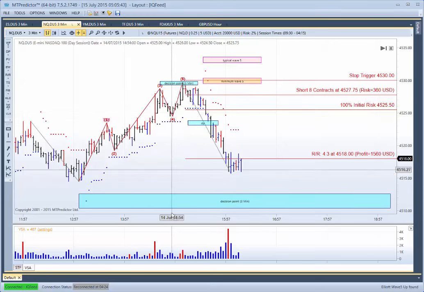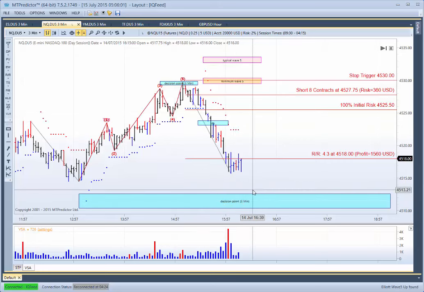In this particular example, a VSA setup combined with our knowledge of our Elliott wave patterns to catch the very end of a wave 5, but because it was a VSA, we're anticipating the market was going to go beyond our initial wave 5 target, which was here, to be into the lower target, and as you see, obviously we didn't get there because the market closed, but nevertheless it was a nice 4.3R profit. So hopefully a good example of combining different techniques to be able to uncover trade setups using the MTPredictor software program.